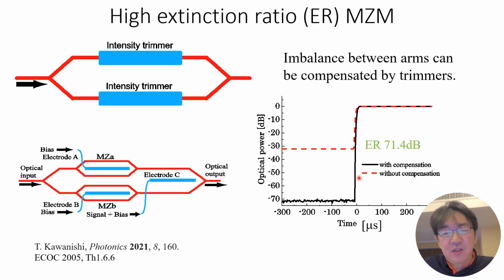By using such a configuration, we can achieve an extinction ratio higher than 70 dB. Extinction ratio is associated with the intensity of the residual component, but it has an impact on chirp and other modulation characteristics.